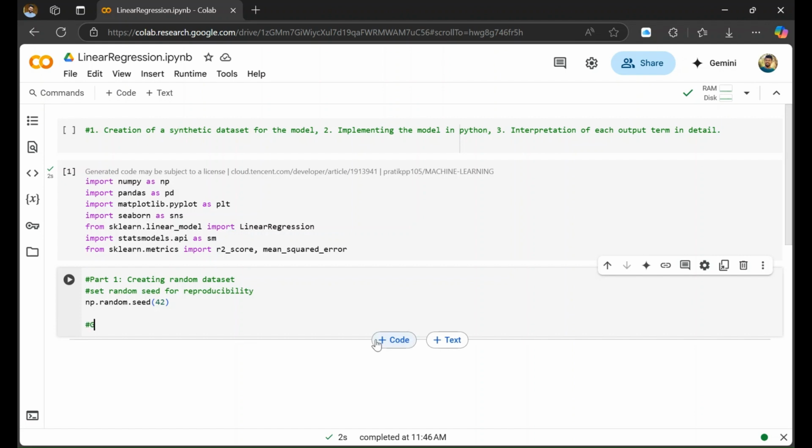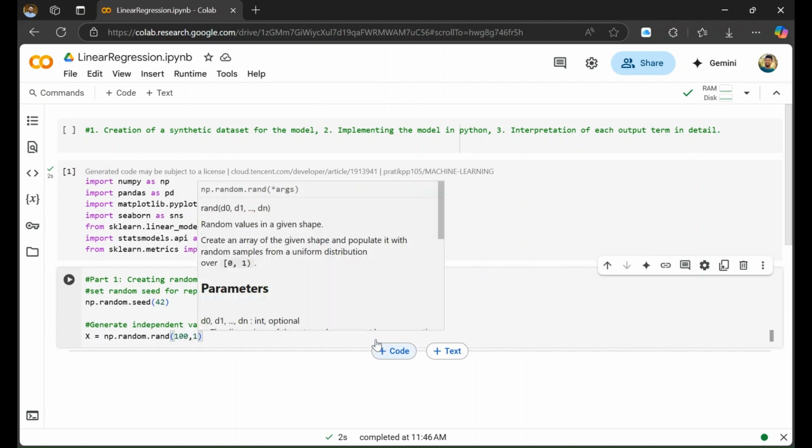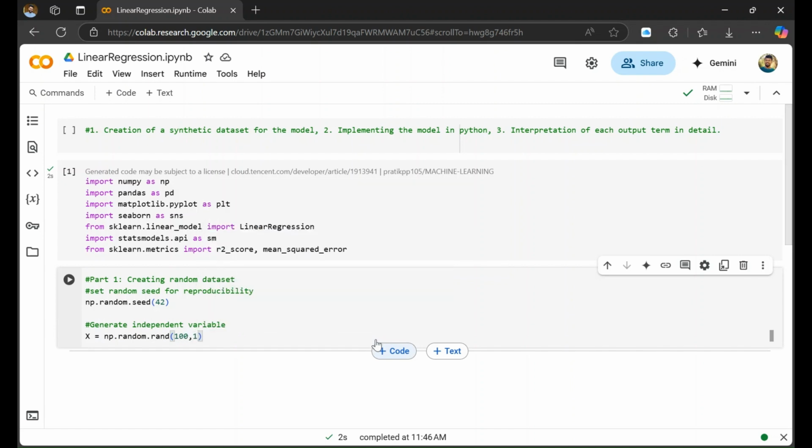Now let's generate our independent variable. This creates 100 samples between 0 and 10.